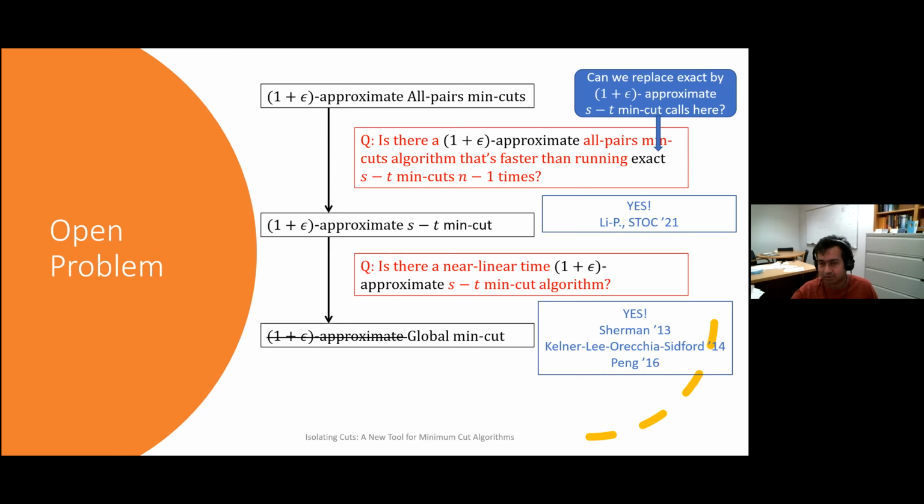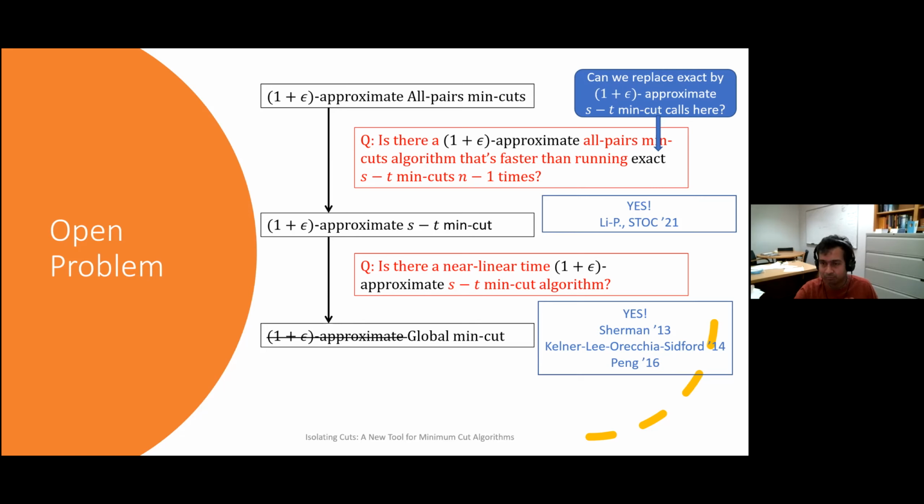If we got a near linear time approximate ST min cut algorithm, and I can use that log n times to solve approximate all pairs min cuts, then the problem that was sitting at the top of the hierarchy, generalizing everything we have been interested in this talk, is now solved approximately by just polylog n invocations of a near linear time approximate max flow algorithm.